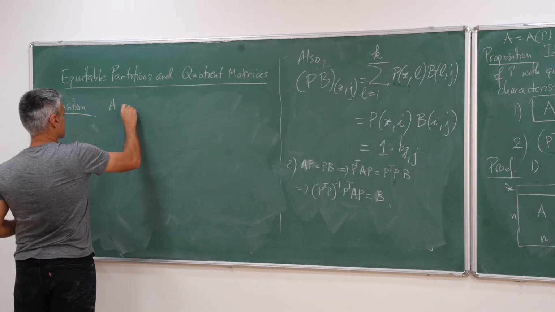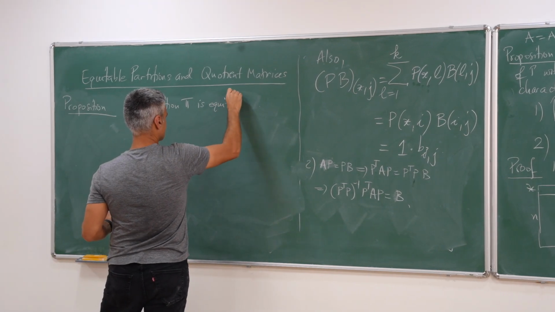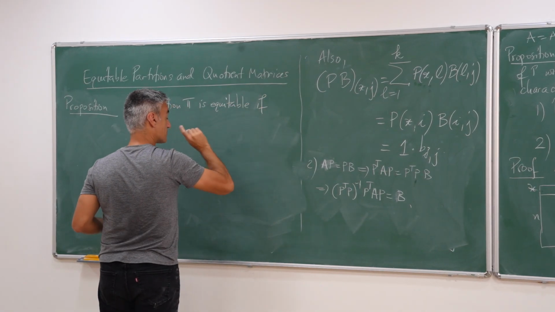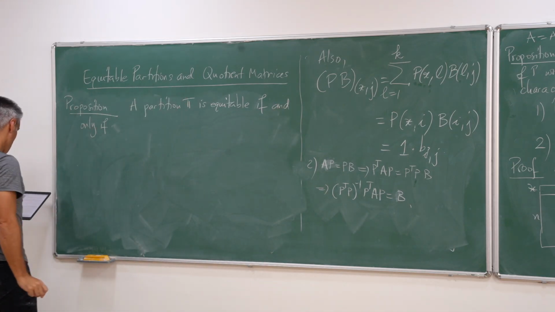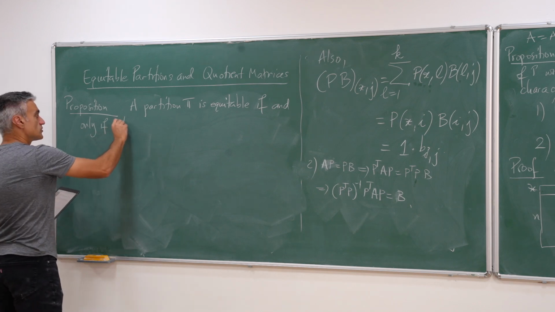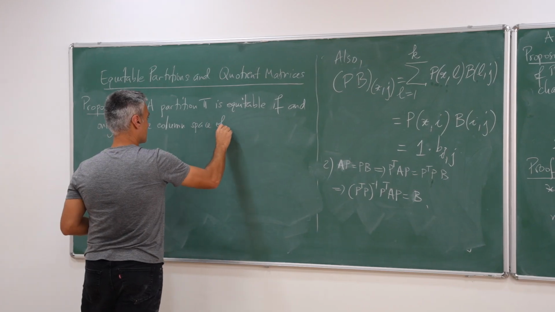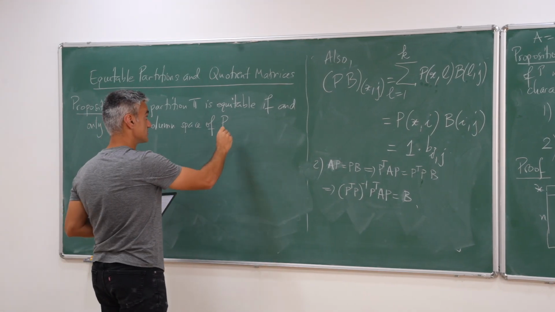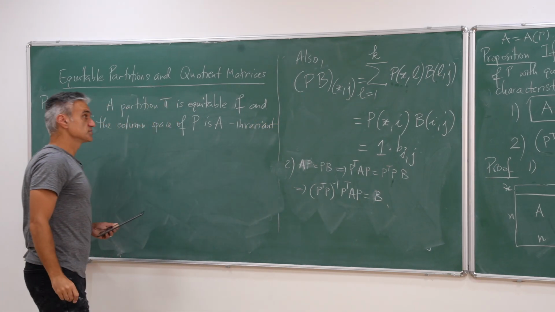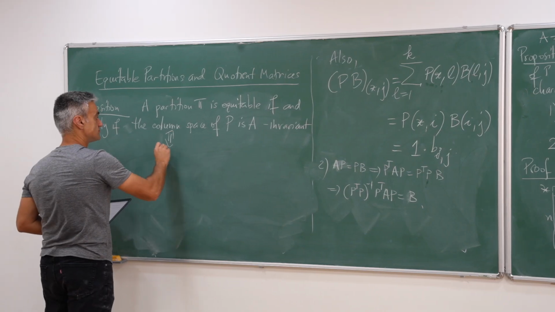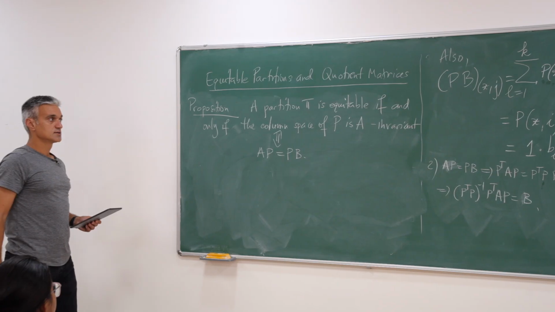So a partition phi is equitable if and only if, I'll write it this way, the column space of P, of its characteristic matrix, is A invariant, which is the same thing as... okay.